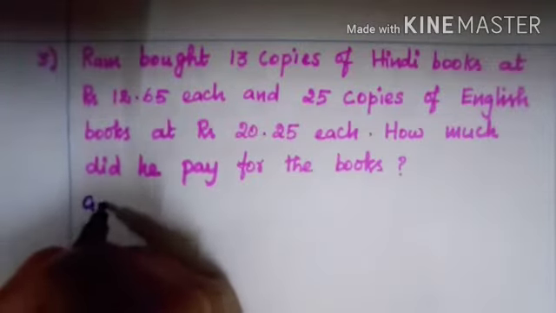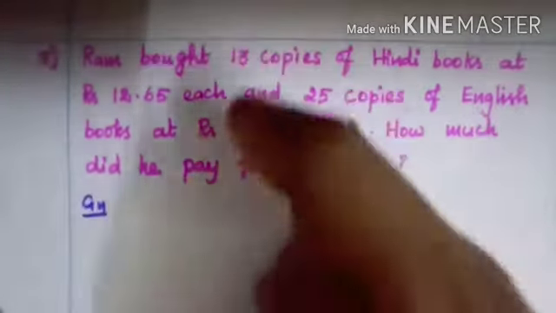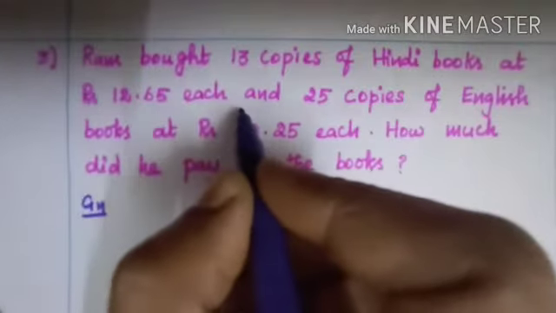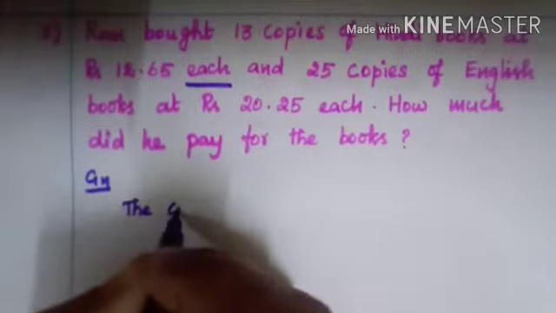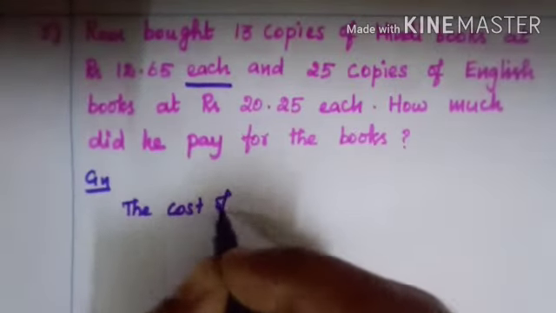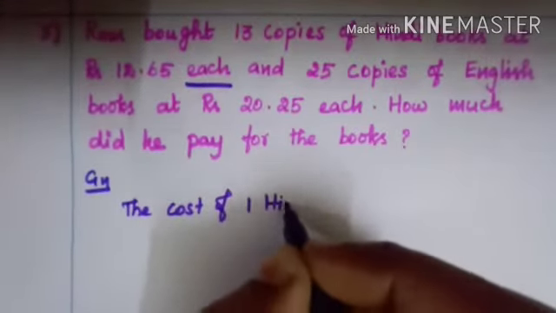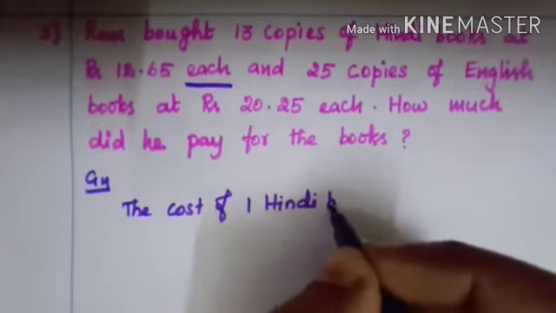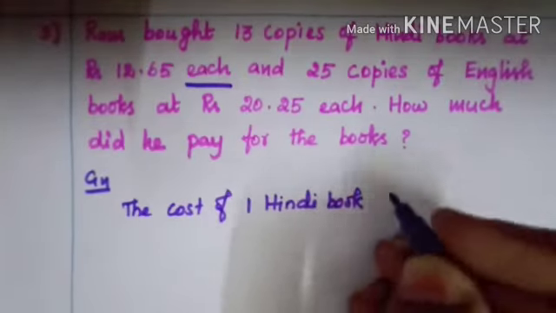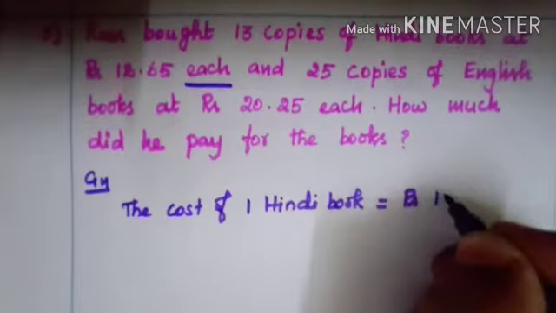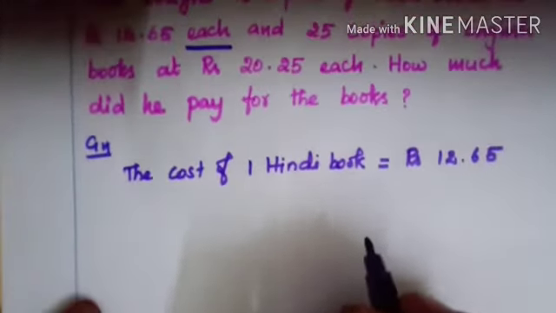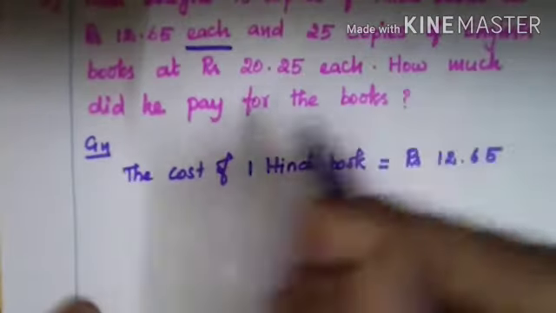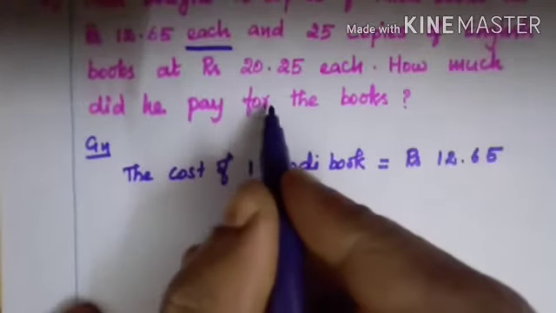Here, what is given? 12.65 each. So here the cost of one Hindi book is equal to rupees 12.65 and also rupees 20.25 each.